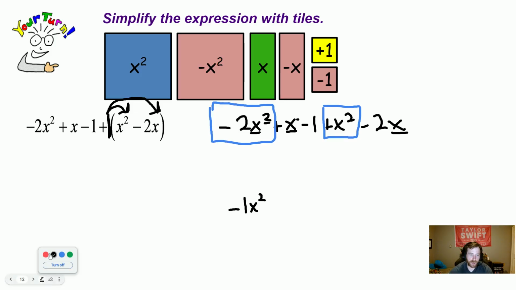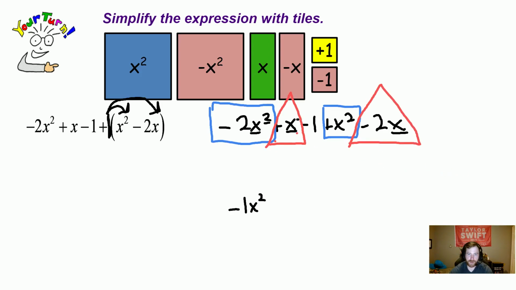I'm going to use red for my base and power that is just x. I'm going to put a red triangle over here and a red triangle around this one. I have an x here, I have a negative 2x here. That is going to combine. 1 plus negative 2 is negative 1x. Lastly, all I have is one number here.